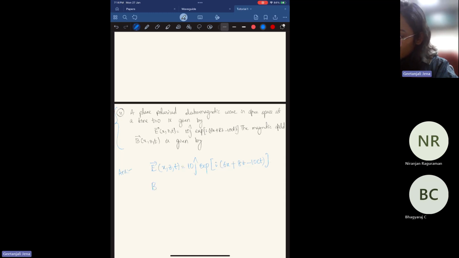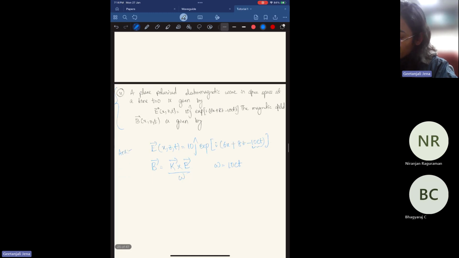So magnetic field B is k cross E by omega, and omega here is ct, right? To find out k, we have to write kx i cap plus ky j cap plus kz k cap.